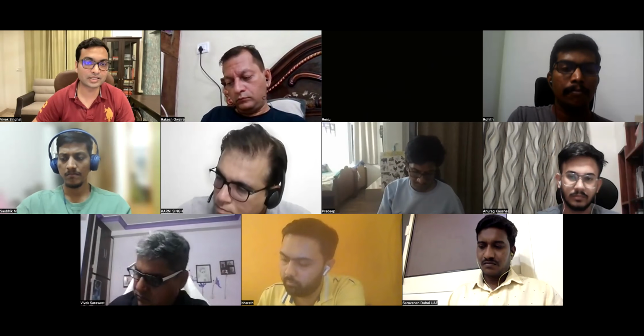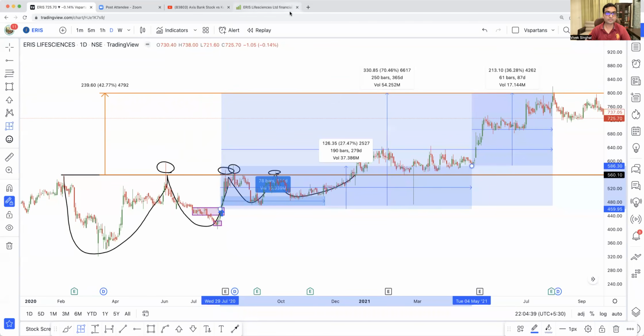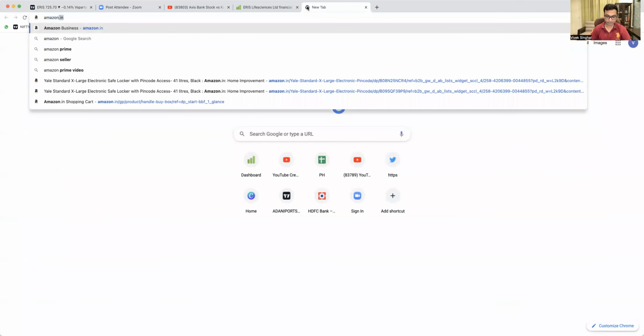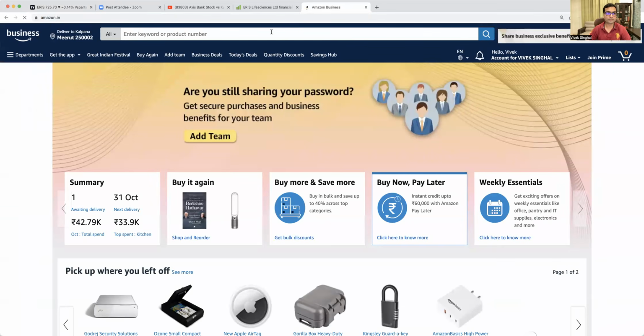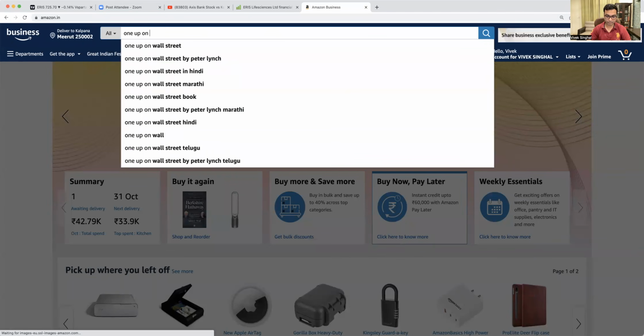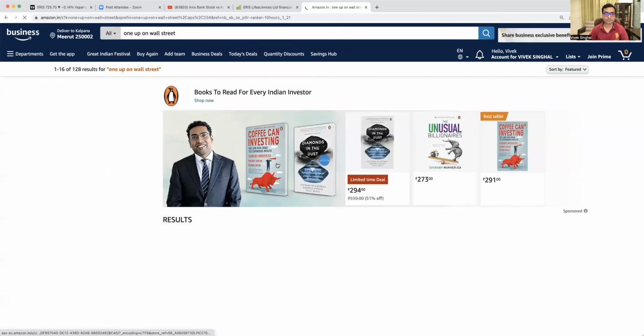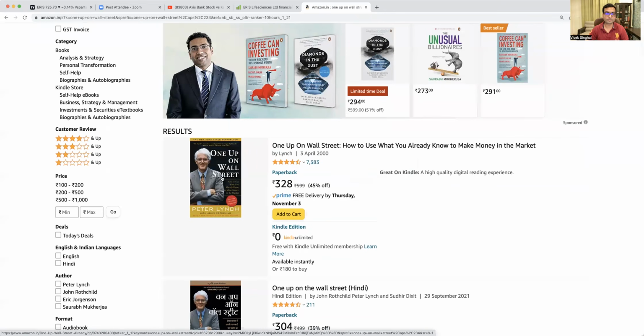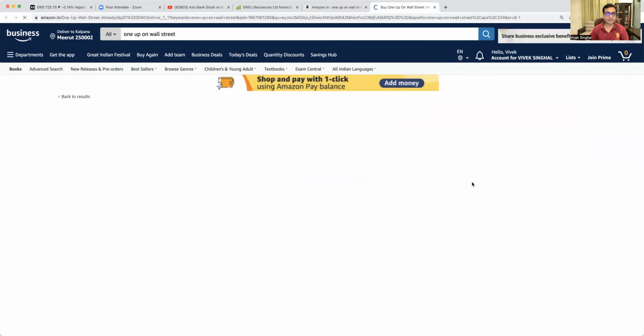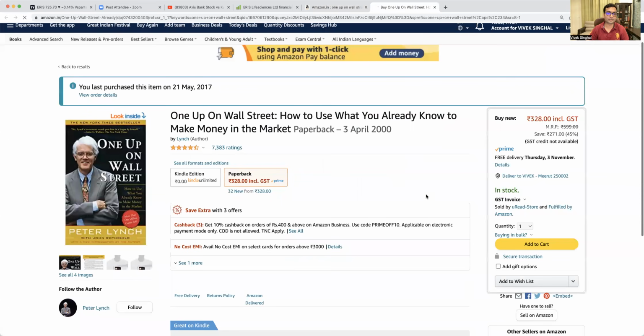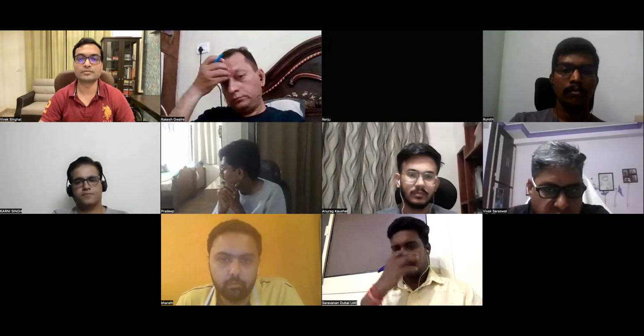I can show you the image of that book as well. This one. And this is available in Hindi as well as in English. The best book, I'm saying, the best book.